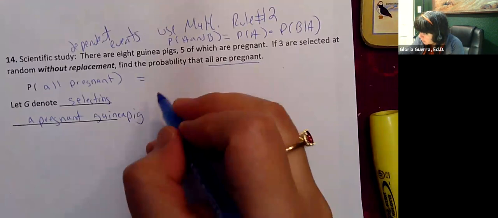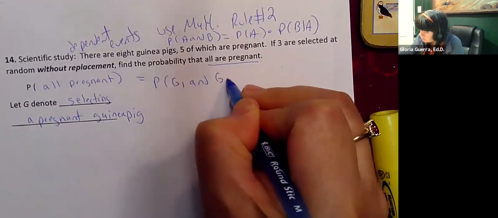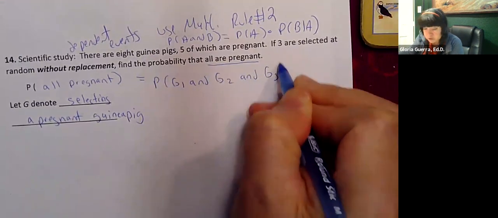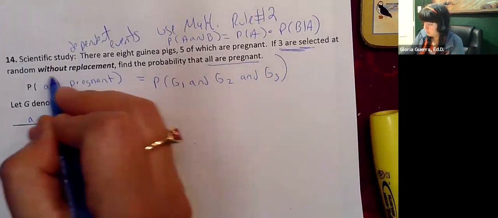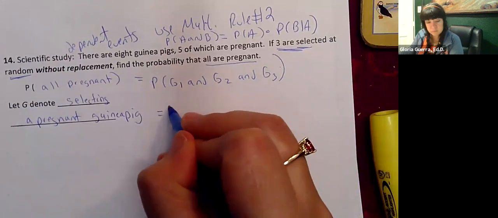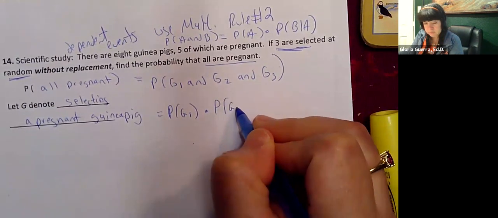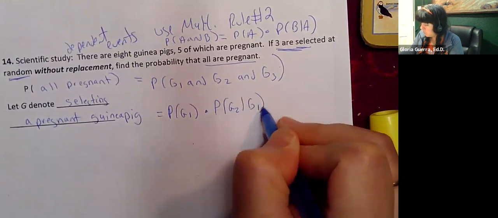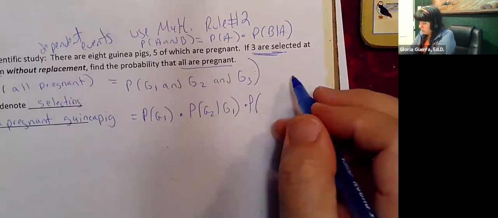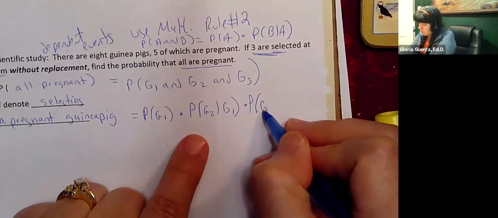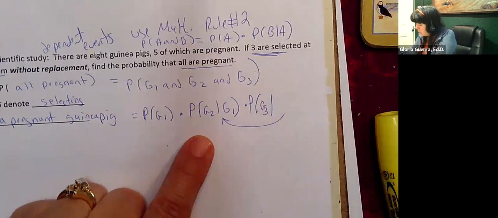Okay, so we have probability of G sub 1 and G sub 2 and G sub 3 because we're selecting 3 of them randomly. And then this is equal to probability of G sub 1, times probability of G sub 2 given G sub 1, times probability of G sub 3 given that the previous has occurred.